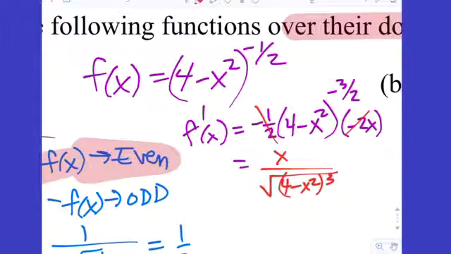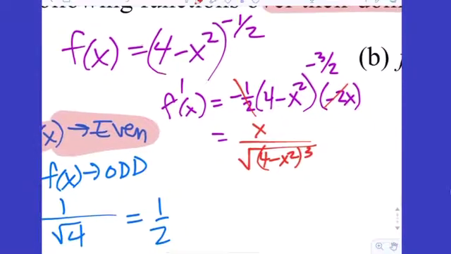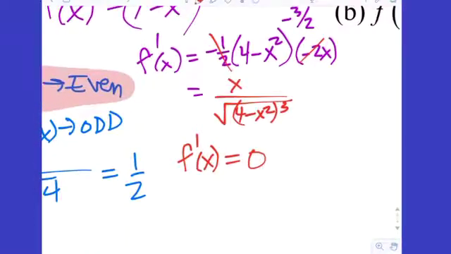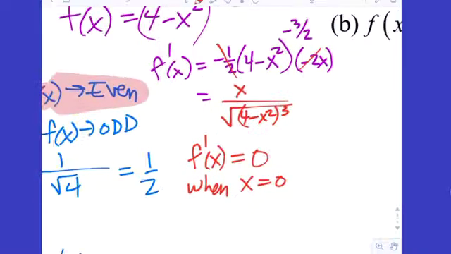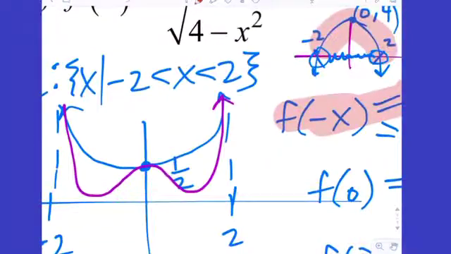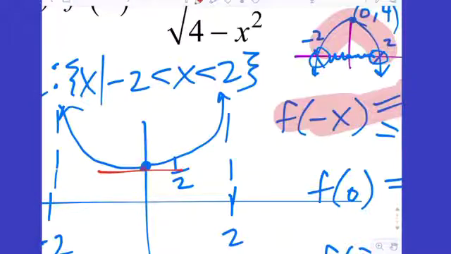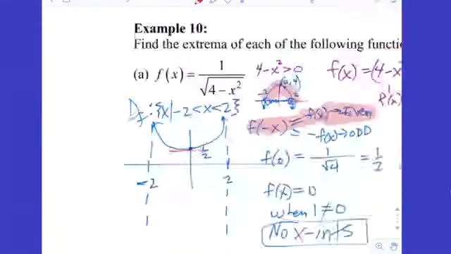Now, how many horizontal tangents does f have based on the derivative here? In other words, if I set f prime equal to 0, how many solutions is that going to have? 1. That's going to be when the numerator x is equal to 0. And because there's only 1 horizontal tangent line and it happens at x equals 0, I know it doesn't look like the purple case. It looks like the blue case, and there's the horizontal tangent.